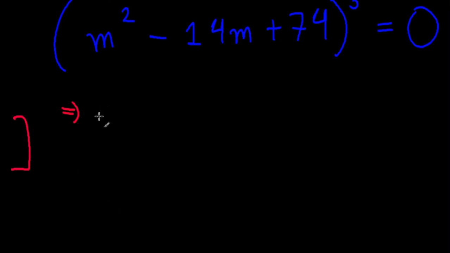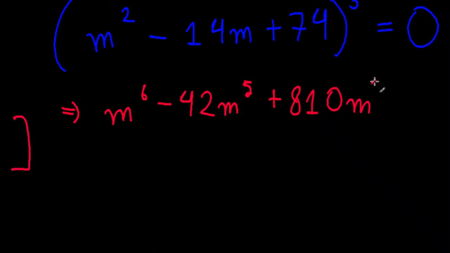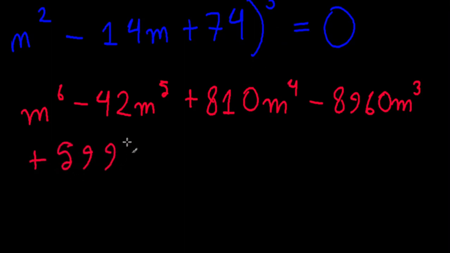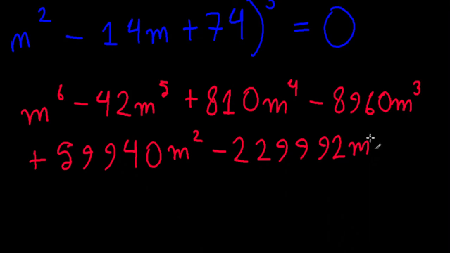It's going to be 1 multiplied by m to the power 6, minus 42 m to the power 5, plus 810 m to the power 4, minus 8960 m cubed, plus 59940 m squared, minus 22992 m, plus 405224, the constant. This is going to be equal to 0. This is your characteristic equation.